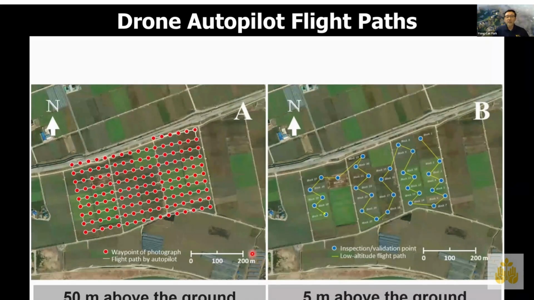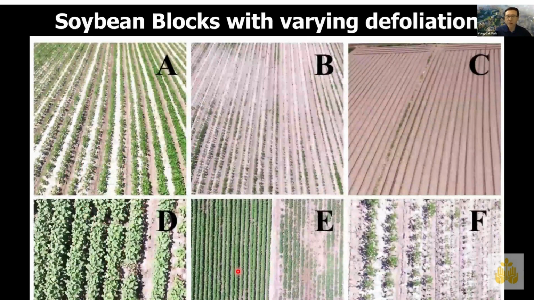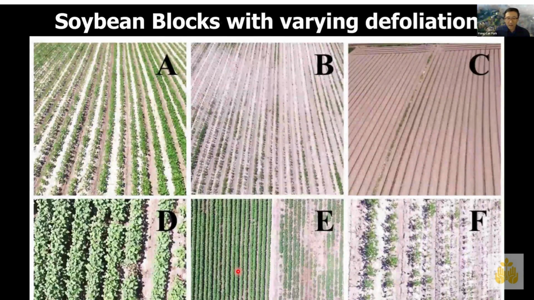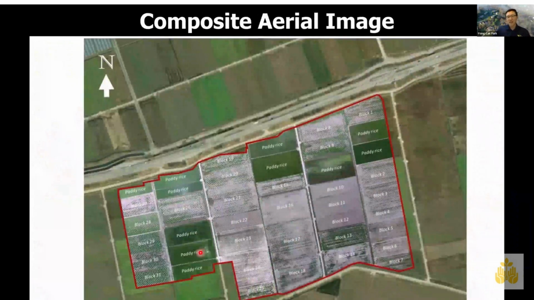This is the stitched image of the area we flew. There are about 31 bean blocks, and you can see really green blocks. Those are paddy rice fields. Beet armyworm doesn't eat rice, so the rice is really green.